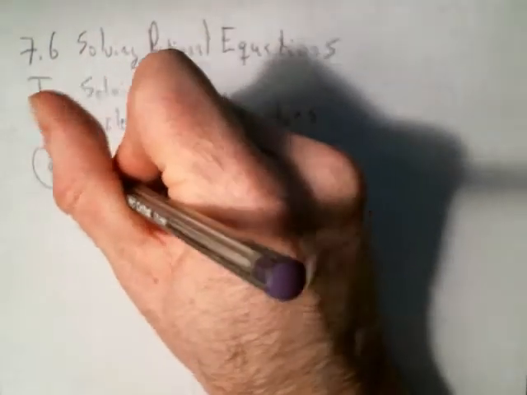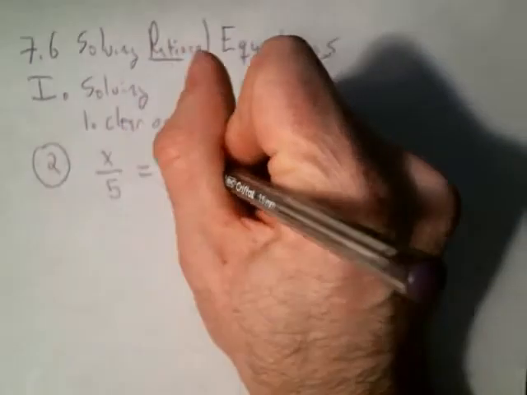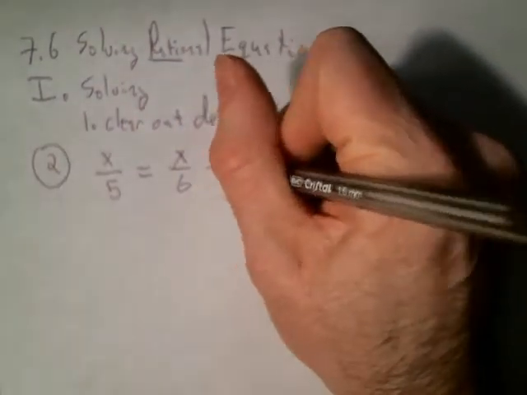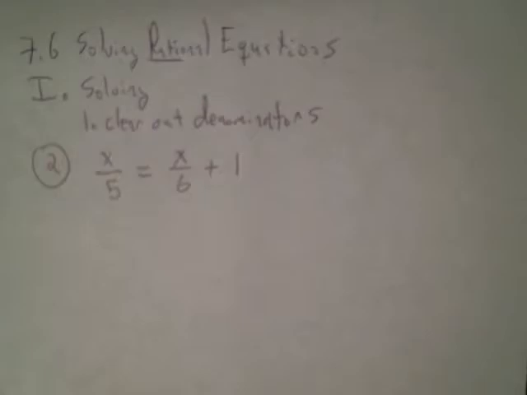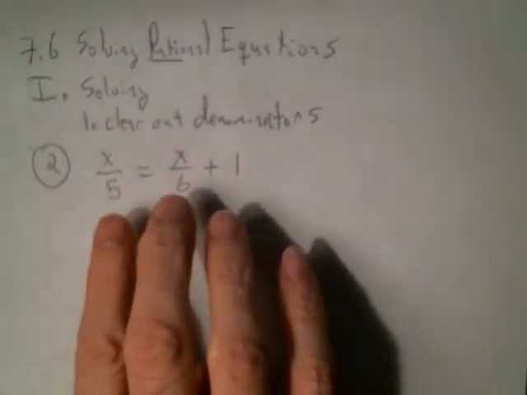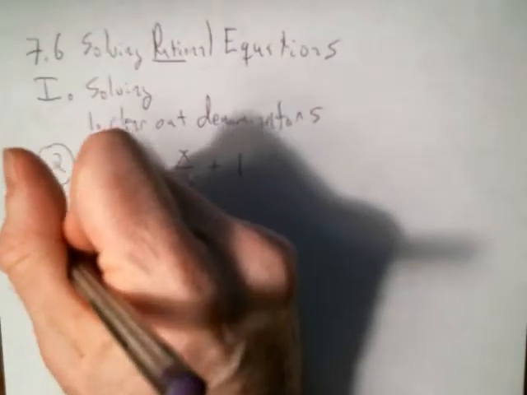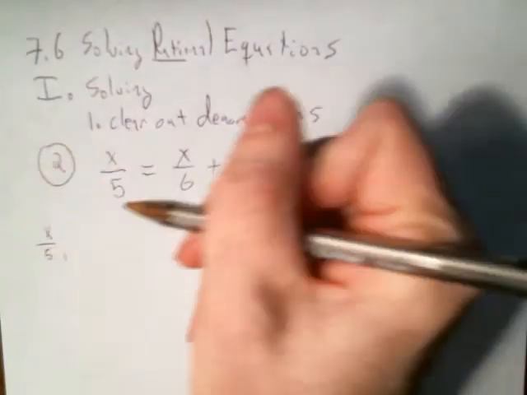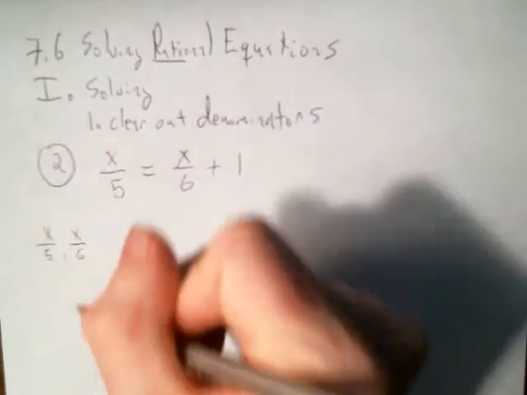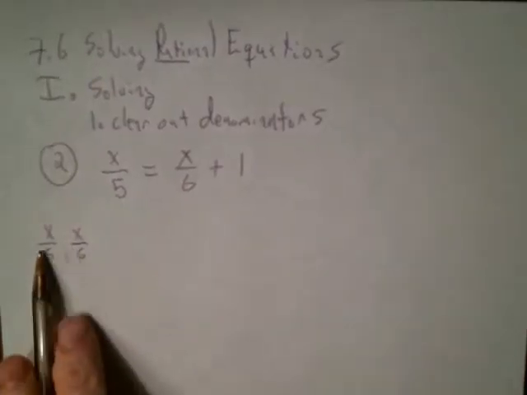We have x over 5 equals x over 6 plus 1. Okay. So you look at the fractions in the equation, and we have x over 5 is one of them, x over 6 is another, and then you say to yourself, what's the LCD of these?